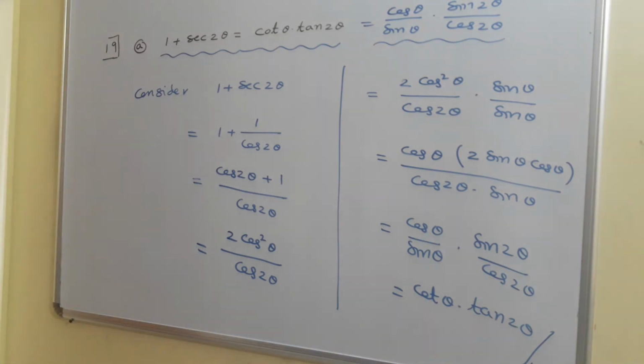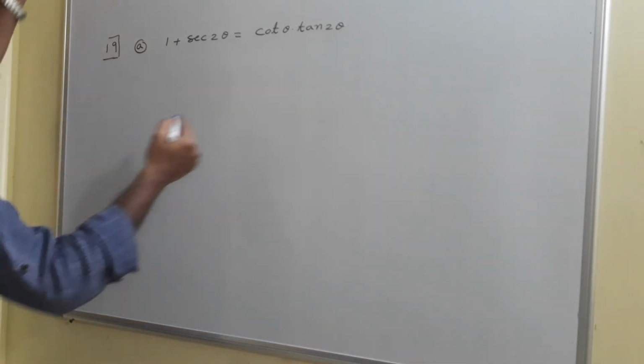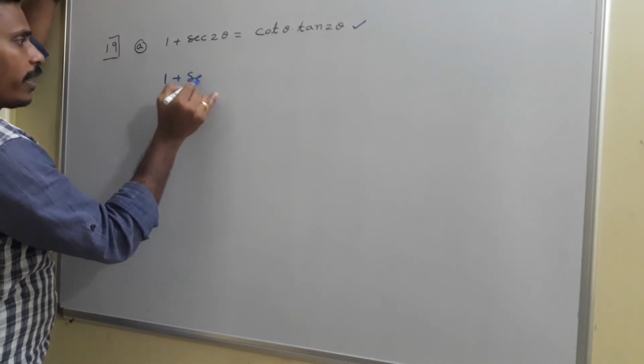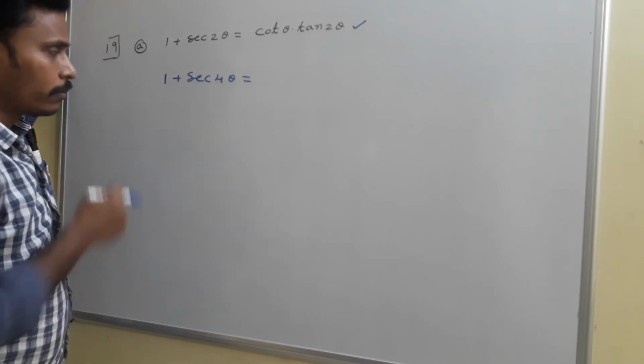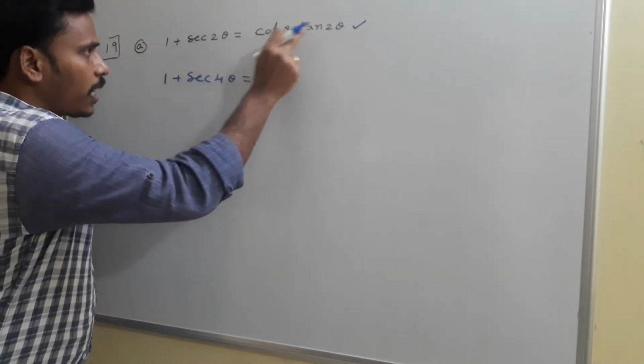Go with a screenshot. 1 plus secant 2 theta is cot theta into tan 2 theta; we just proved it. Now 1 plus secant 4 theta, what does it result in? If it is 2 theta, half is theta and full is 2 theta.